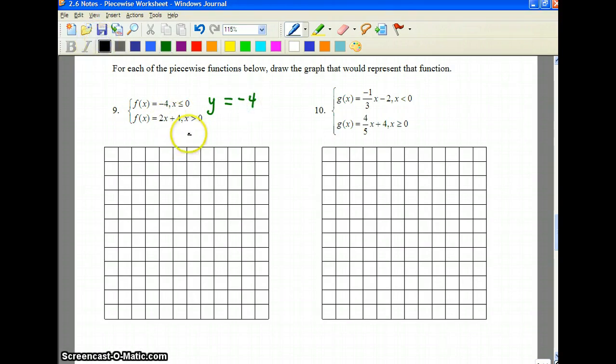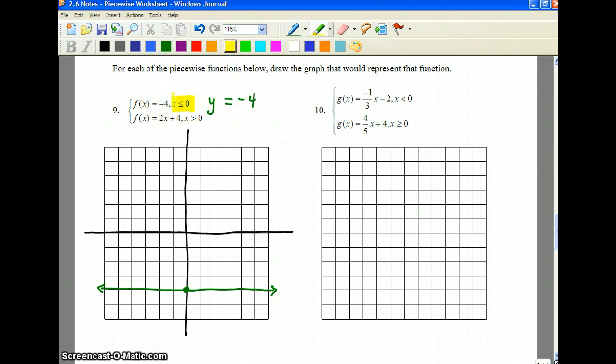So go ahead and put an x and a y axis on. And if I want to graph y equals negative 4, I go 1, 2, 3, 4. And I would graph this line. Okay? Now, I have to look at this domain.